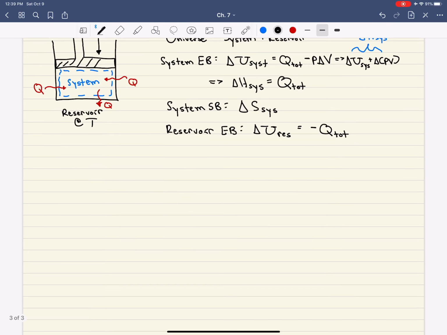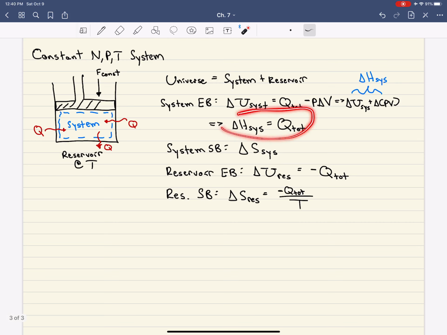All right, for the entropy balance for the reservoir, we have delta S res is equal to negative Q total over the temperature at the boundary between the reservoir and the system. We know from the energy balance on the system that Q total is just equal to negative delta H of the system.